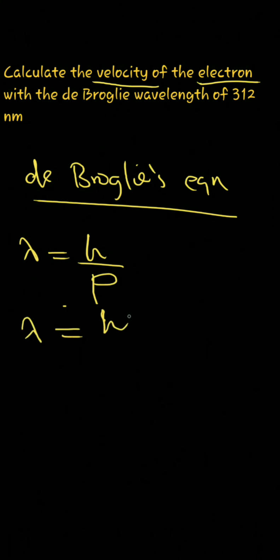So what's de Broglie's equation? The wavelength is equal to h, which is Planck's constant, over the momentum of the electron, which can be simplified further by saying lambda is equal to h over mv, which is the formula for momentum.